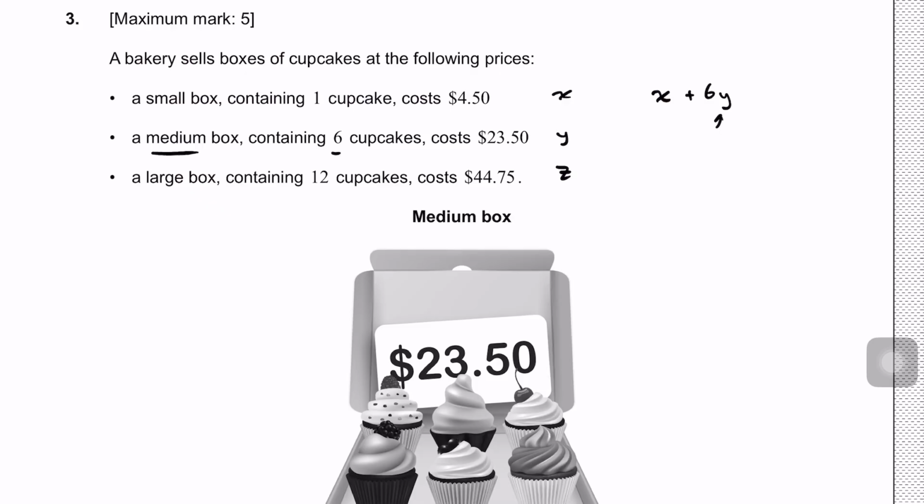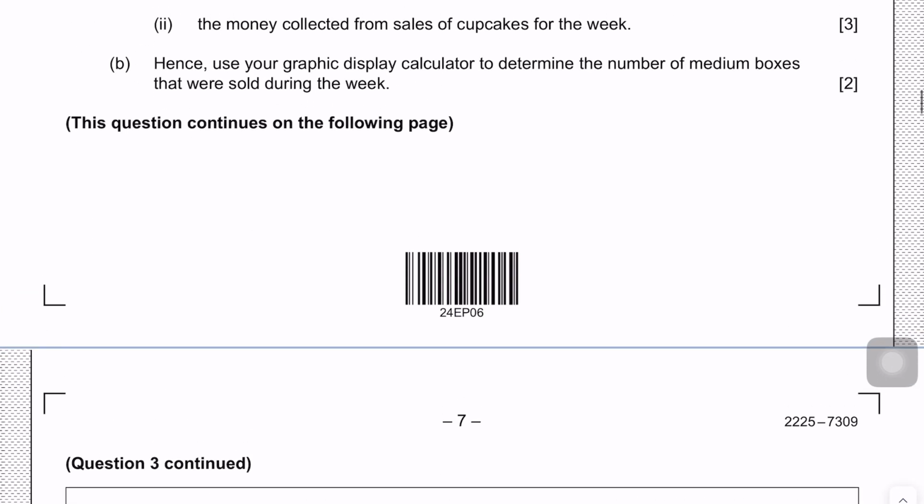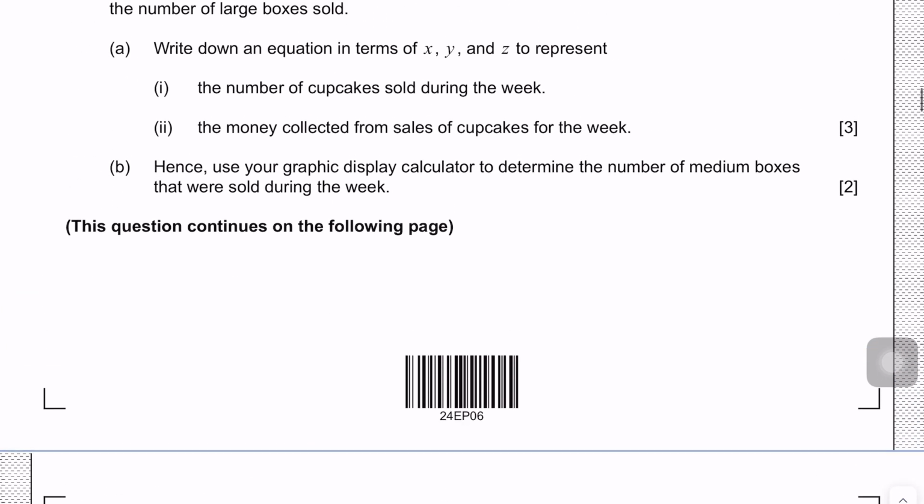If y is equal to 2, we sell 12 cupcakes, and so on. Similarly, a large box contains 12 cupcakes, so for every large box, we sell 12 cupcakes. And then this is equal to 383. All right, and there is our equation. Let's put that down.